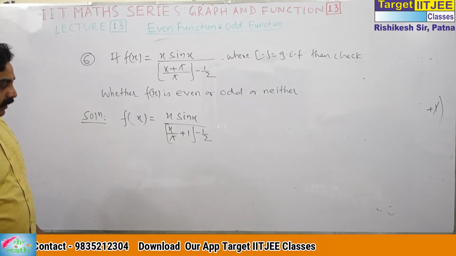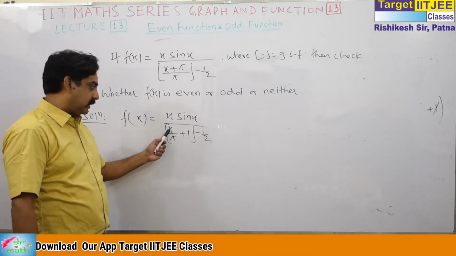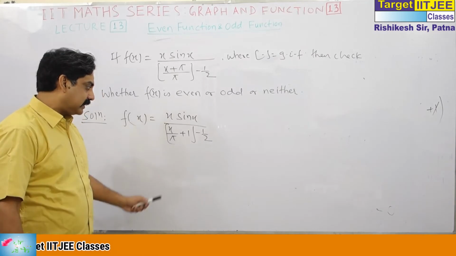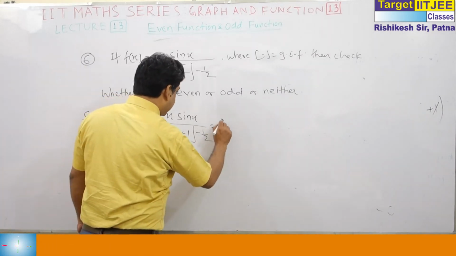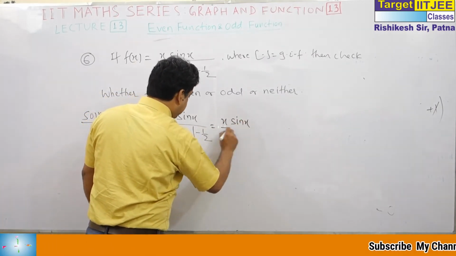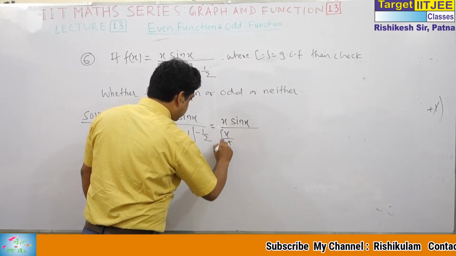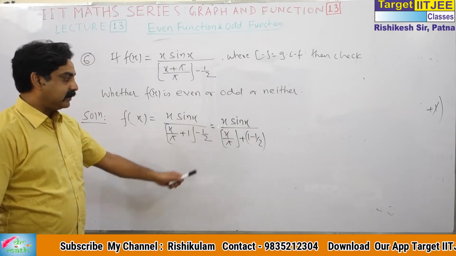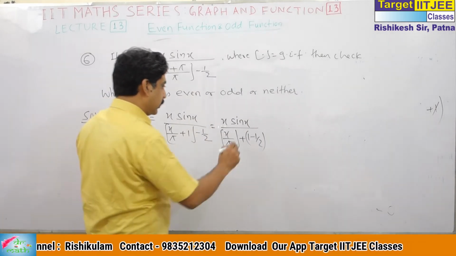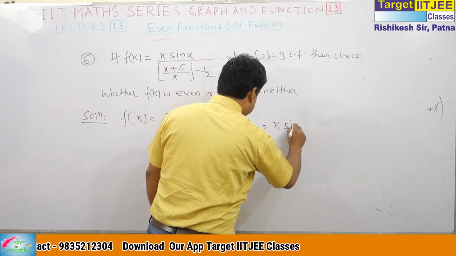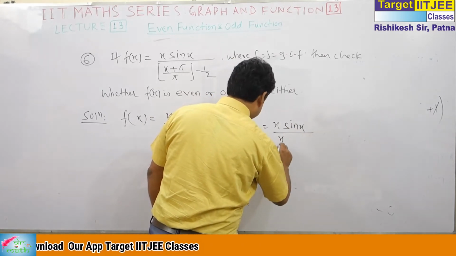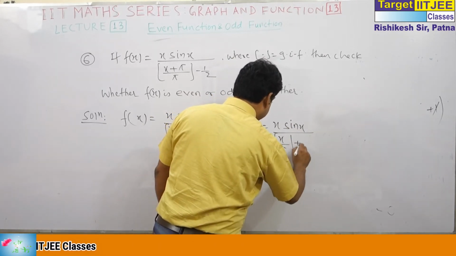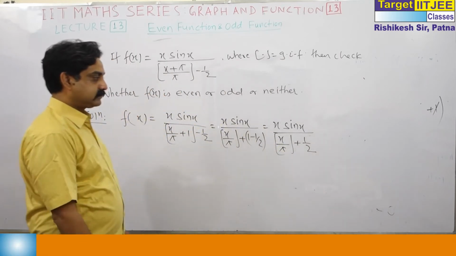We recall the properties of the greatest integer function. We can take the integer outside. This is x sin x times the greatest integer of (x by pi) plus 1 by 2.